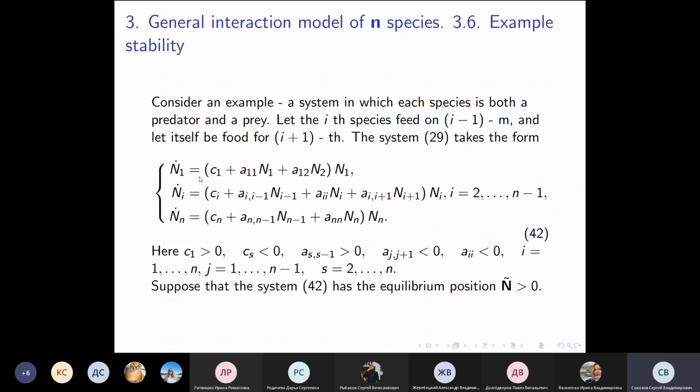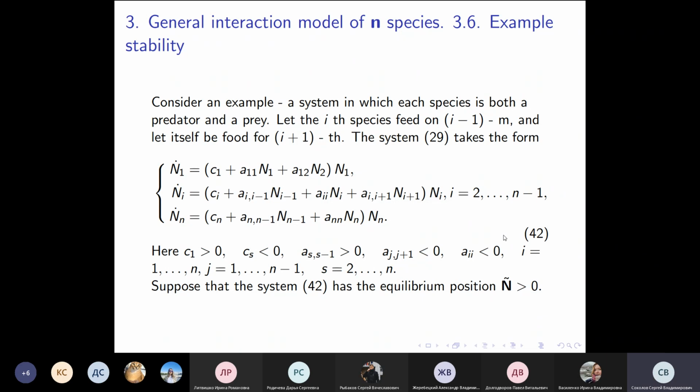So it doesn't matter what the values of C1, Ci, Cn, and the values of Aij are. Only the signs of our coefficients have an influence. Only the signs.